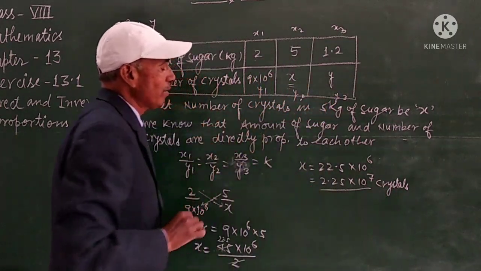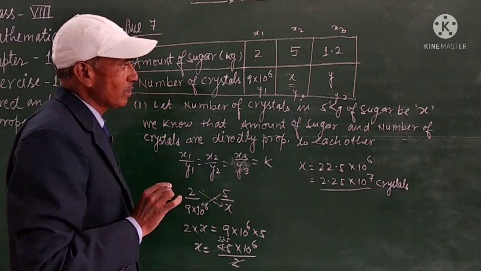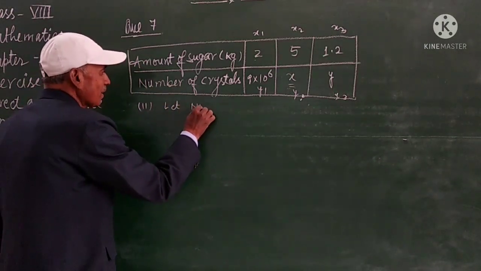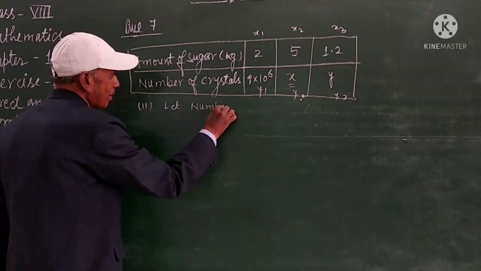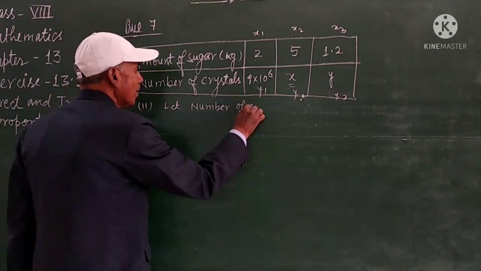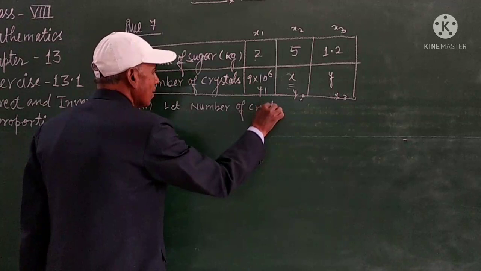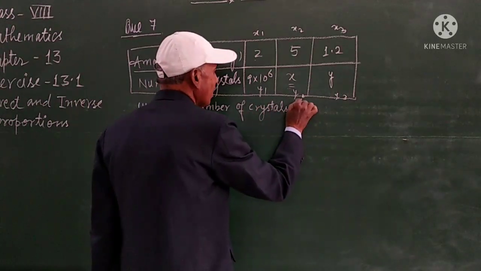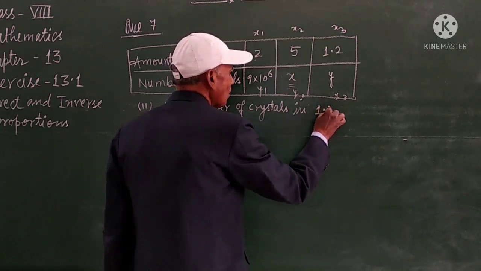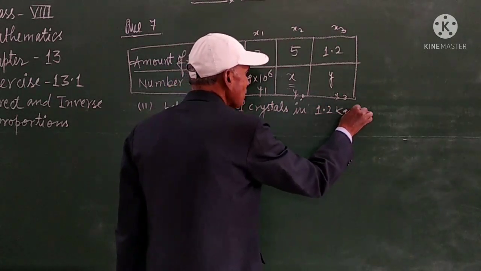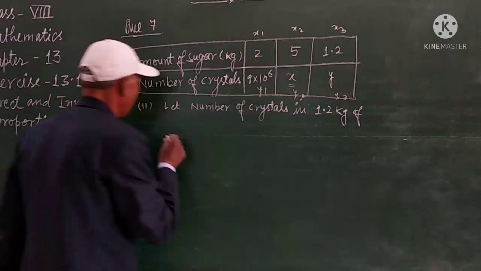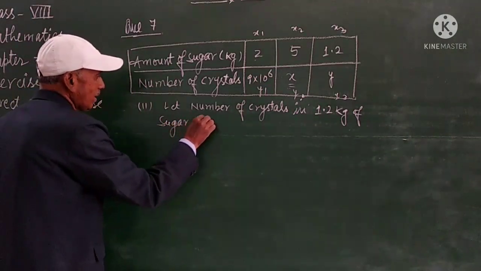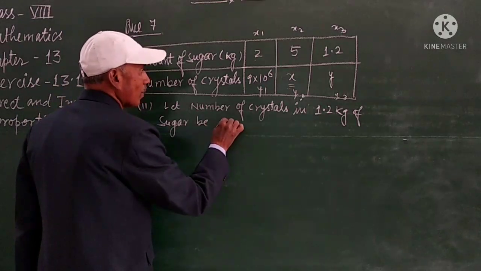Now the second part, we have to do the second part. Let the number of crystals in 1.2 kg of sugar be y.